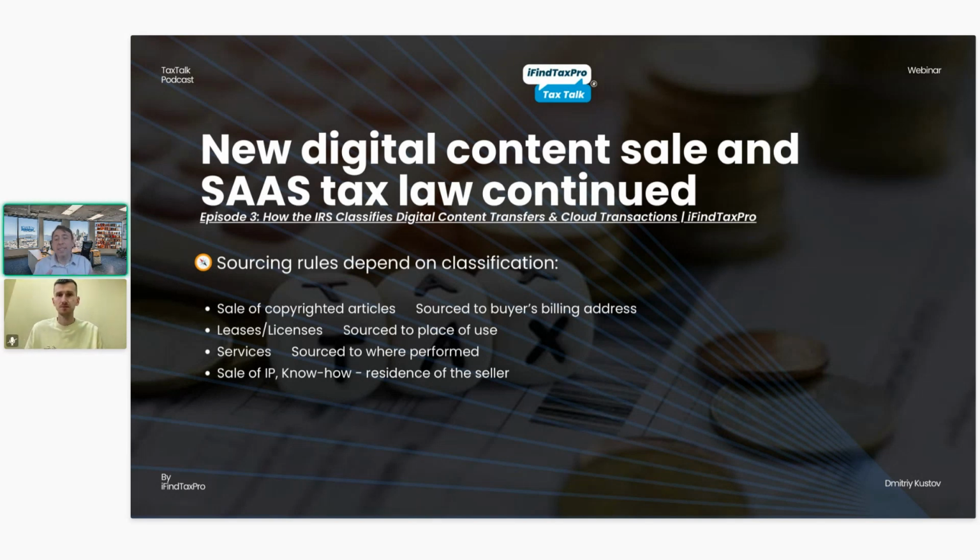So why are these distinctions important? Because in every case, once the decision is made, we have special rules about what the source of this income is. And the source is important for determining how these sales are taxed and where they're taxed.